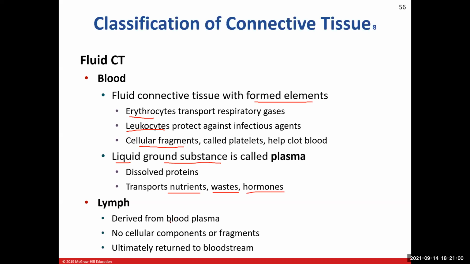Now, lymph is pretty much something that comes from the blood plasma only to return back to the blood plasma. Right, so in lymph, we won't see cellular fragments or components, none of that. Basically, I tell folks lymph is essentially the drained sewage from your tissues.